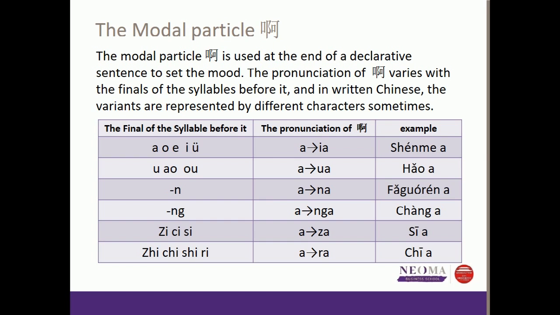If it's after the i which is in z, c, and s, this a will sound like za. For example, instead of saying si a, you will say sia, sia. Okay? 好, for the last row, which is zhi, chi, shi, and r, if this a is after this pronunciation, it will change to ra.